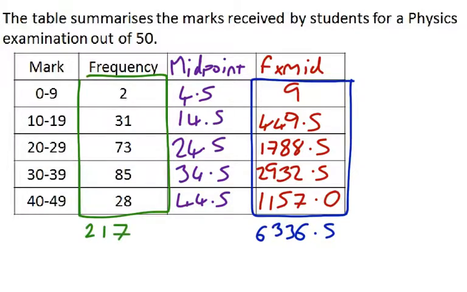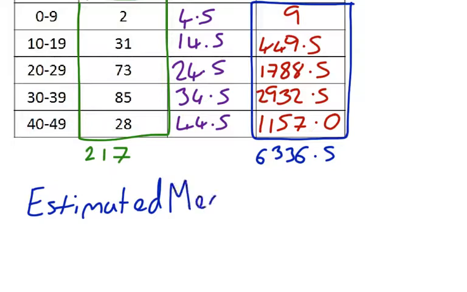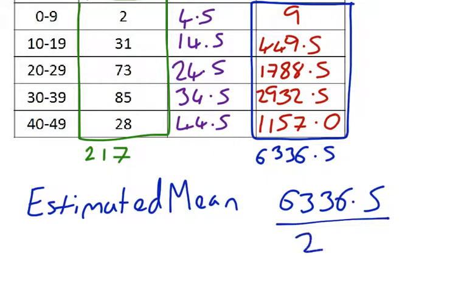So there were 217 people that sat the exam, and the total estimated mark is 6,336.5. So to find the estimated mean, we simply divide 6,336.5 by 217.